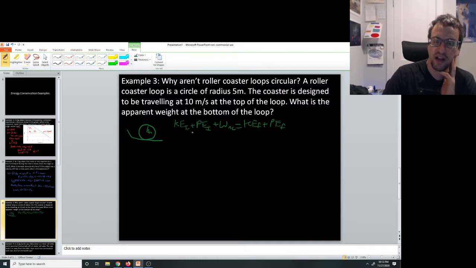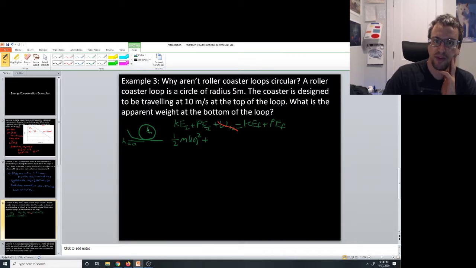We can safely say there's not much friction. There's a little bit, but let's try to get rid of that as much as we can. Kinetic energy initial, at the top here, is 1/2 times mass times 10 squared. Potential energy initial depends on the height. Let's say this spot right here is h equals 0.